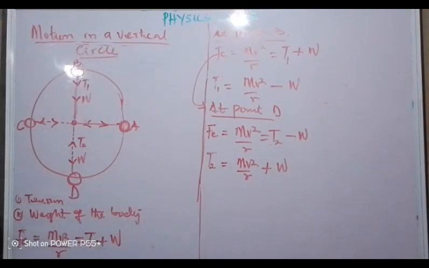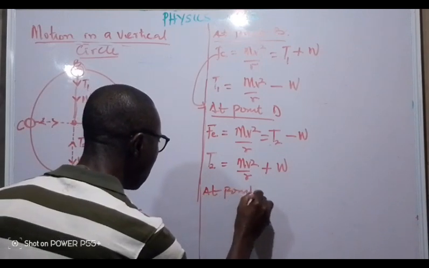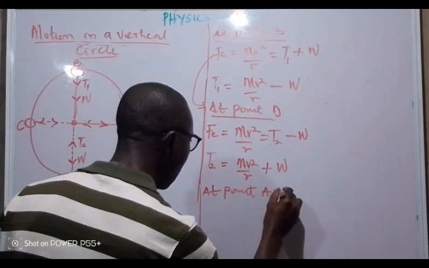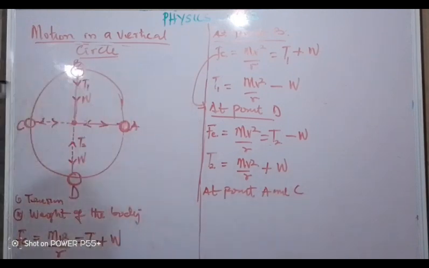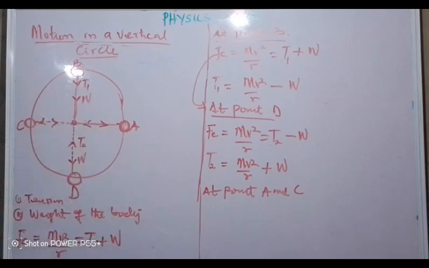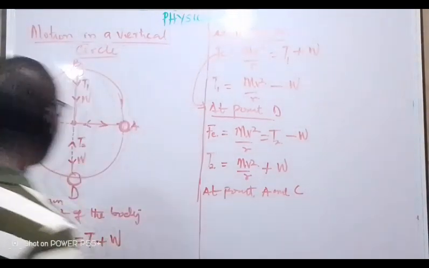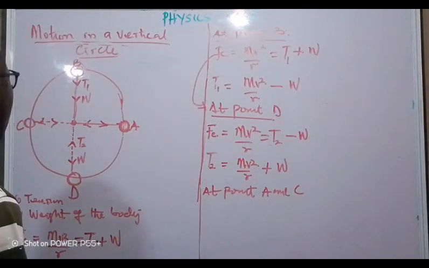Now, at point A and C, since they are horizontal, the tension at point A and C will have the same value as the centripetal force.